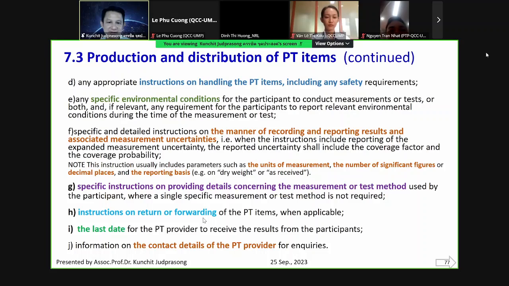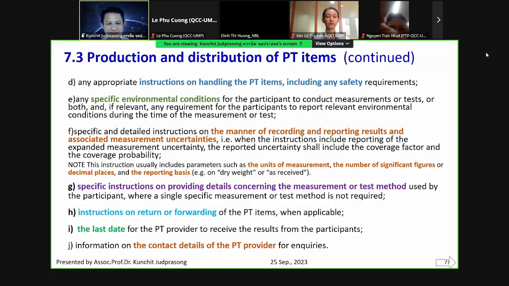Instruction on returning or forwarding the PT sample where applicable. The last date that the PT provider will receive results. So this is very important. I don't know about Vietnam, but in Thailand they also have a system to remind the participant again that okay, another 3 days, this is the end of the period for providing the result.